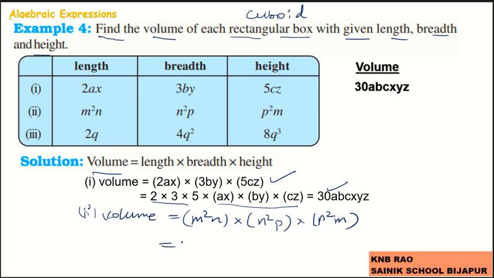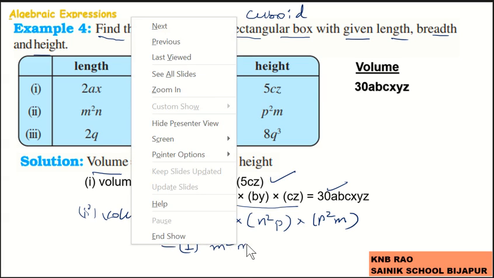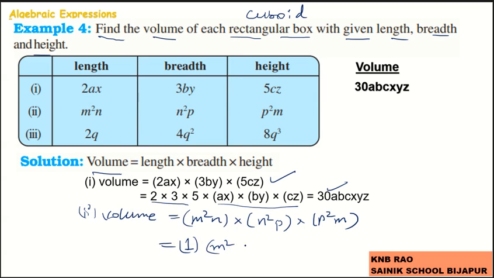So 1 into 1 into 1 becomes 1, m square into m, n into n square, p into p square, where that results as m square into m is m cube, n square into n is n cube, and p into p square is p cube.